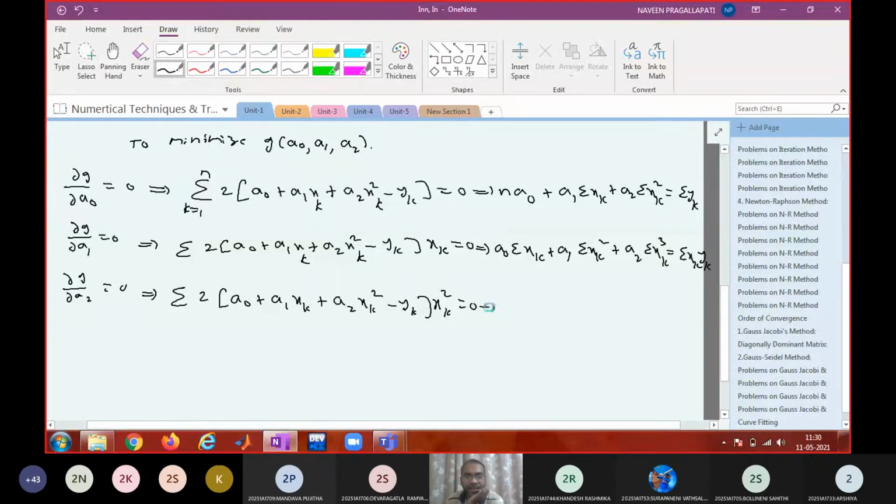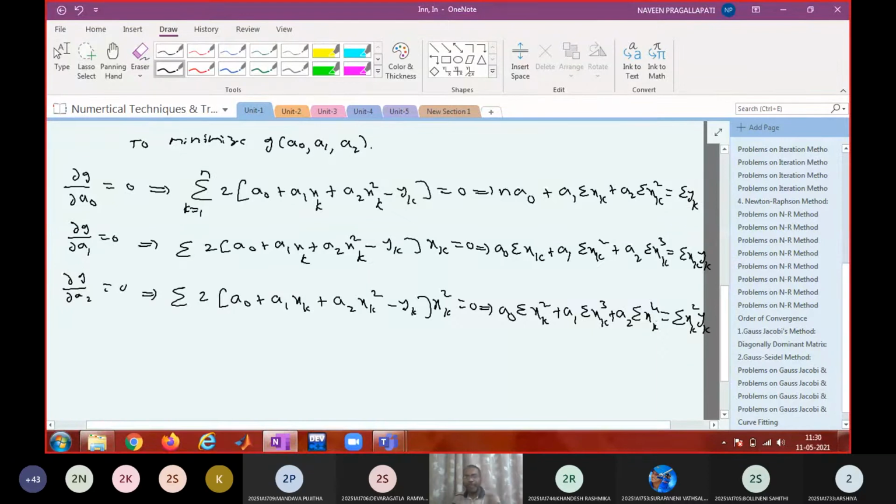And the last equation implies a0 into sigma xk square plus a1 into sigma xk cube plus a2 into sigma xk power 4 is equal to sigma xk square yk.